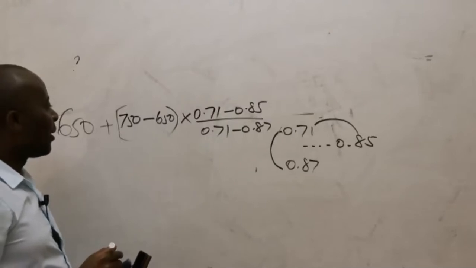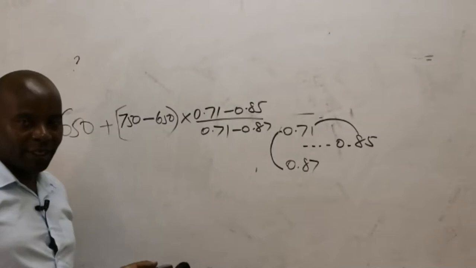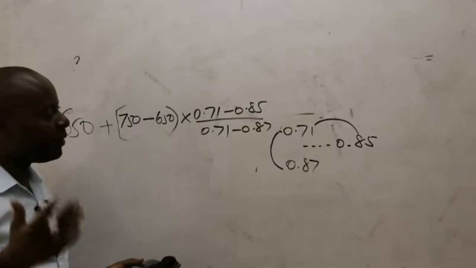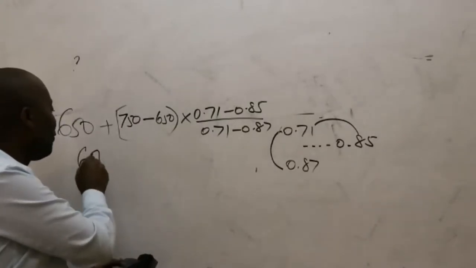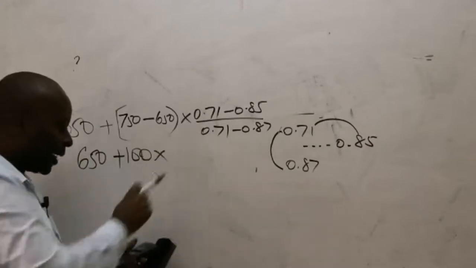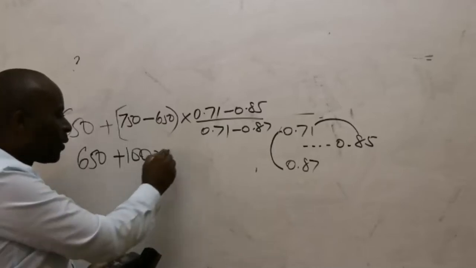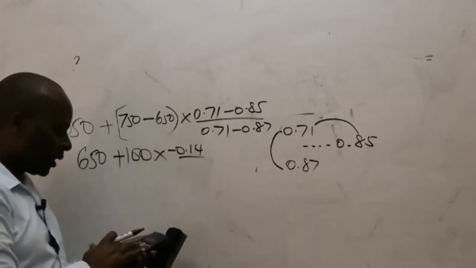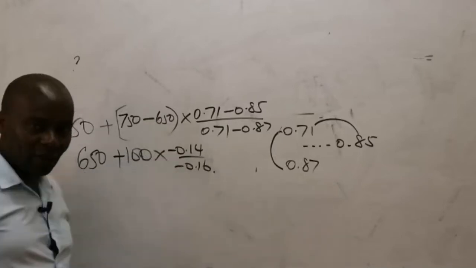If you remember IRR in finance, you also use the same approach: lower rate plus the difference multiplied by the same. It's called interpolation. So this gives us 650 plus 100 times minus 0.14 over minus 0.16. Of course, the negatives cancel out.